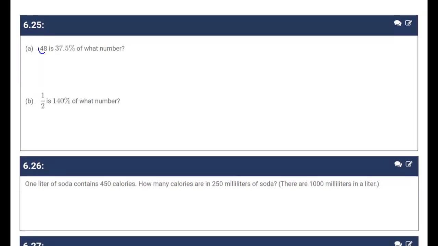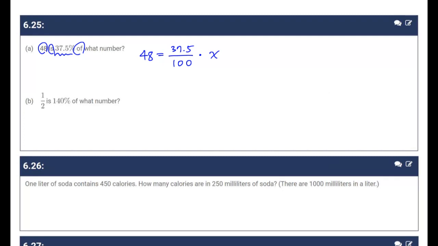Now 48 is 37.5. That's 37.5 again percent of multiplication. What number? Okay, I have decimal number and fraction. I don't like it, so I'm gonna make it just fraction, okay, without decimal, by the way.